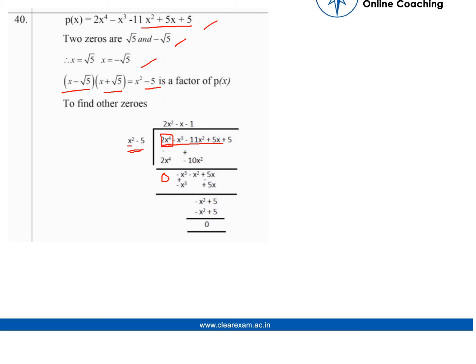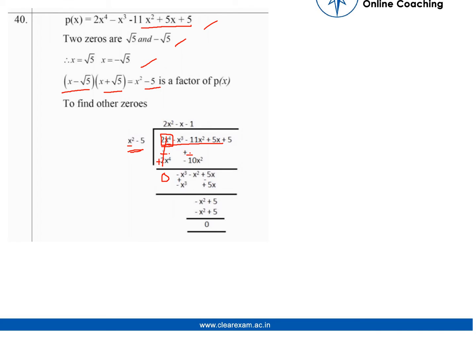When we take this value, we change the operator sign: here it is plus and here it is minus. So it becomes negative and this becomes positive. 2x⁴ minus 2x⁴ is 0.